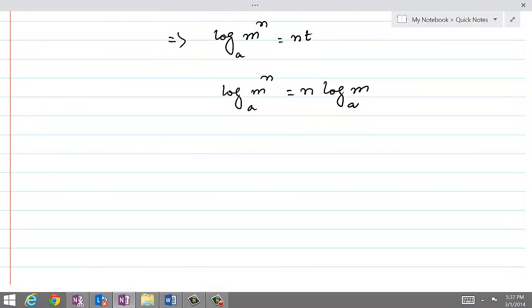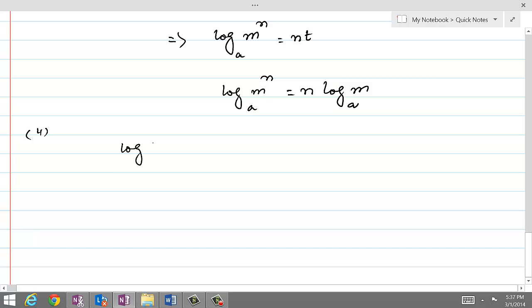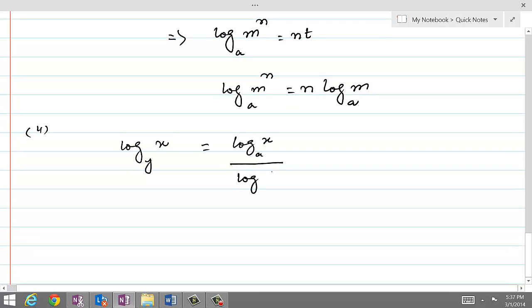And the fourth law of logarithms is that log of x base y is equal to log of x base a over log of y base a.